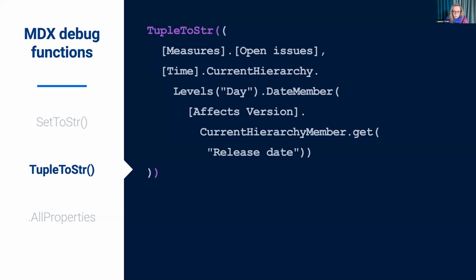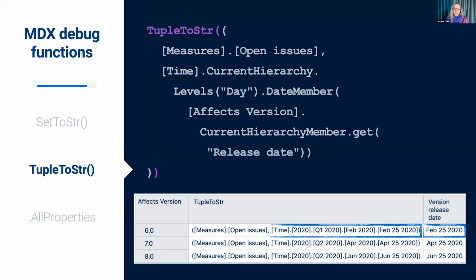And we're getting this date with a complex query from the time dimension. So in this way, we can check that the tuple is actually taking the correct date that we wanted to. So it's matching the release date that we got the member from the time dimension. So it can also come in very handy sometimes.